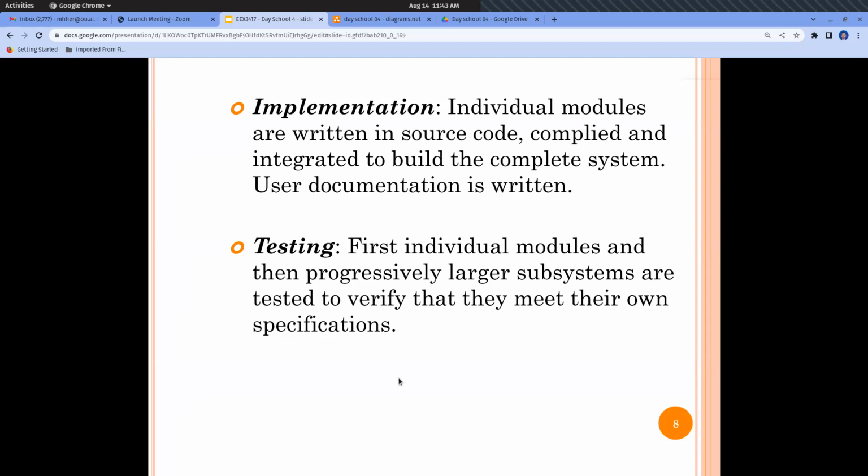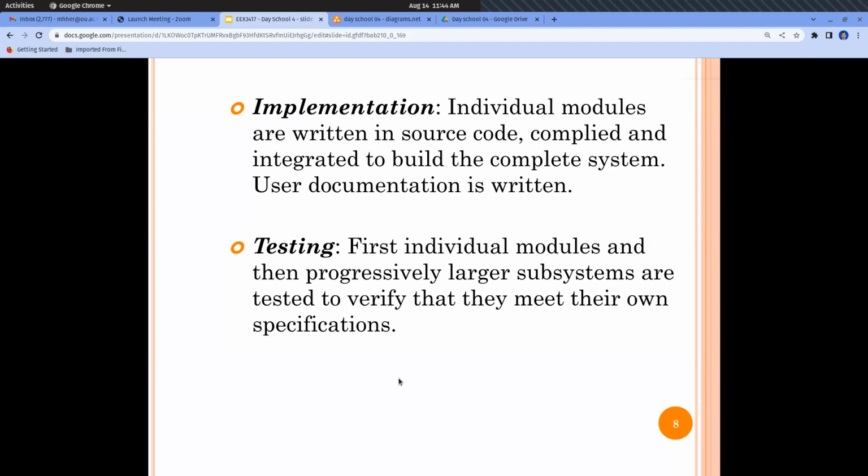I said about the data flow diagram: little modules are coded and then compiled. Compiled means these are executed separately, and we also integrate those small modules and test for errors and complete the design.